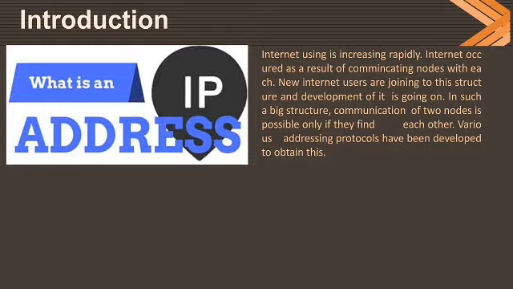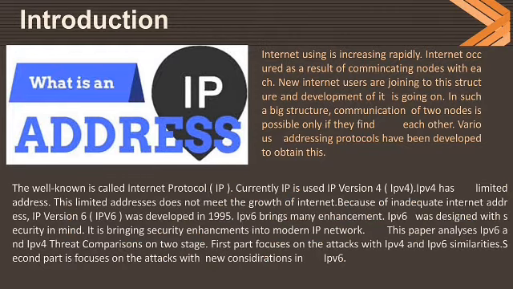Communication between two nodes is possible only if they find each other. Various addressing protocols have been developed to obtain this. The well-known one is called Internet Protocol. Currently, IP version 4 or IPv4 is used.